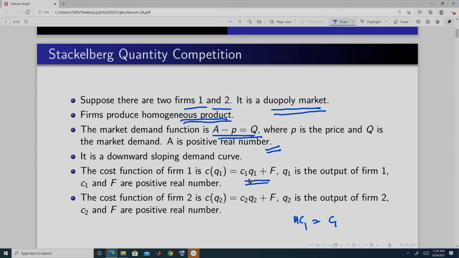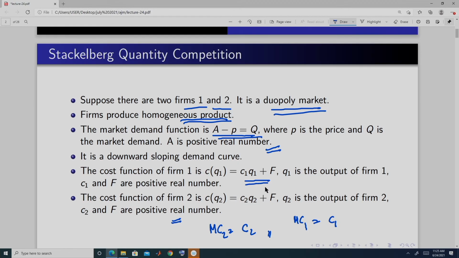Again, the cost function of firm 2 is C2 into Q2 plus F2, where Q2 is the output of firm 2 and C2 and F2 are some positive real numbers. So, again the marginal cost of firm 2 is constant and it is C2. So, this is the specification of the market, or the specification of the agents who are operating in the market.